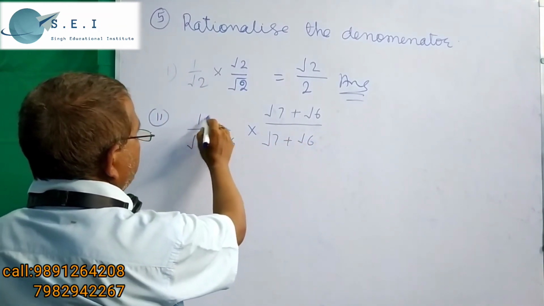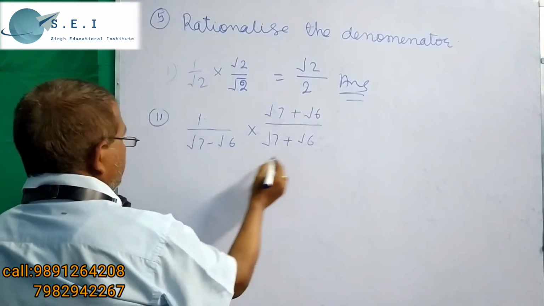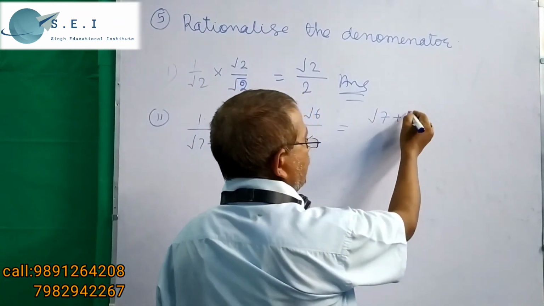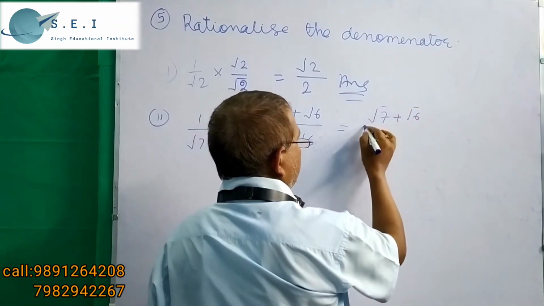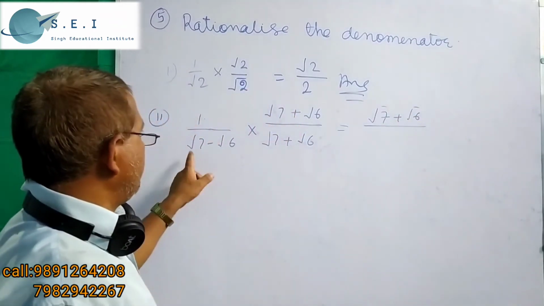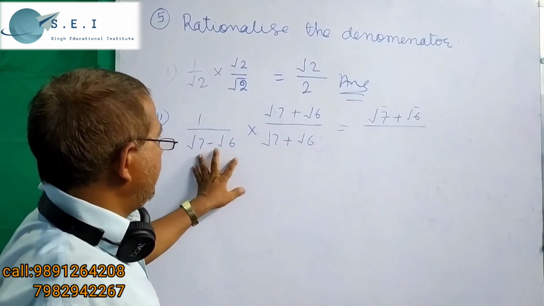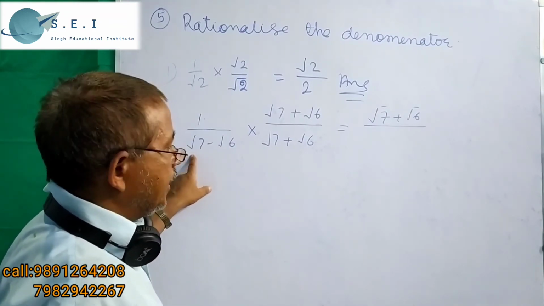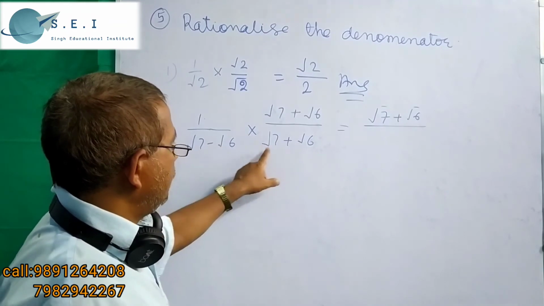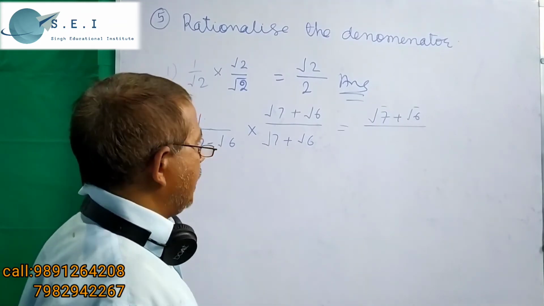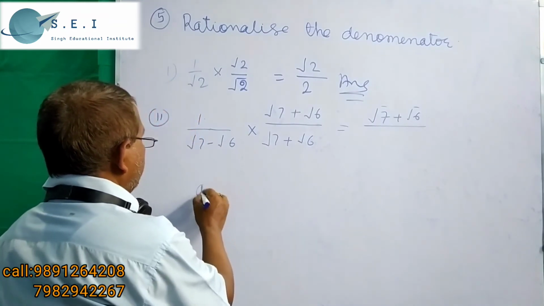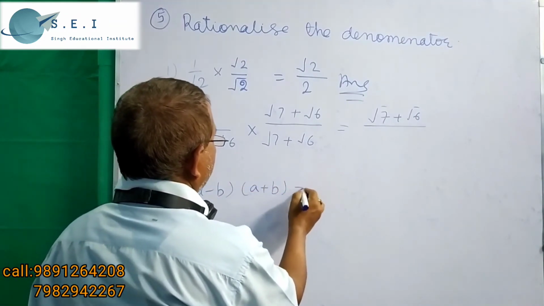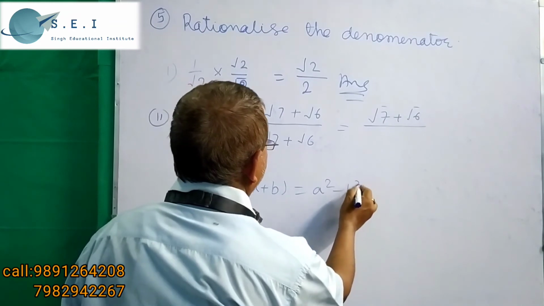If we multiply 1 with the numerator, this is equal to root under 7 plus root under 6. While if we multiply the denominator, these are different due to different signs, and here the identity a minus b into a plus b is applied, which is equal to a square minus b square.